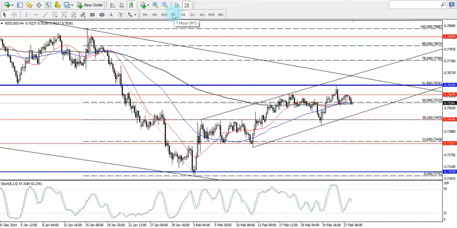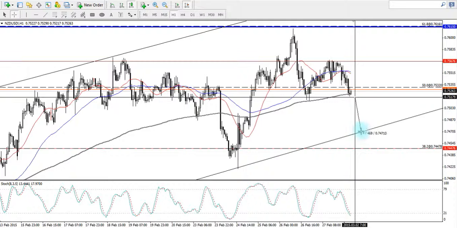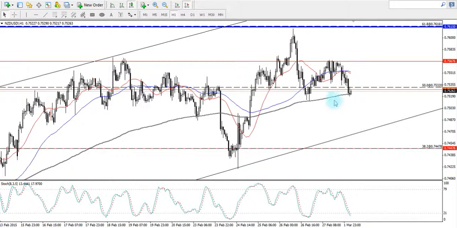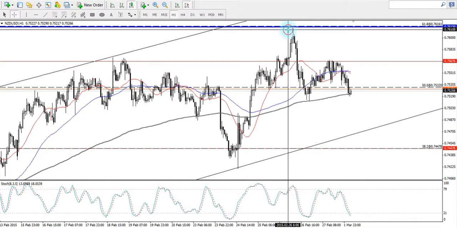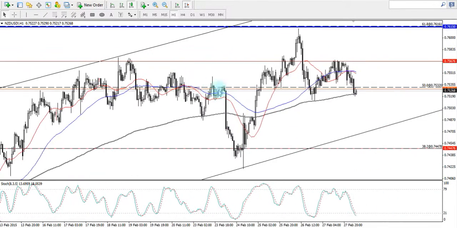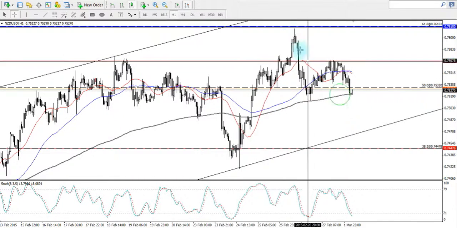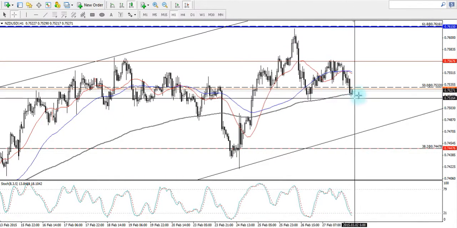If you zoom into the 1-hourly charts, price has yet to touch the bottom of the rising trend channel, but at the same time it has yet to touch the top as well. The very previous time it touched either side was at the bottom. So what you are seeing here right now is a probable double bottom.